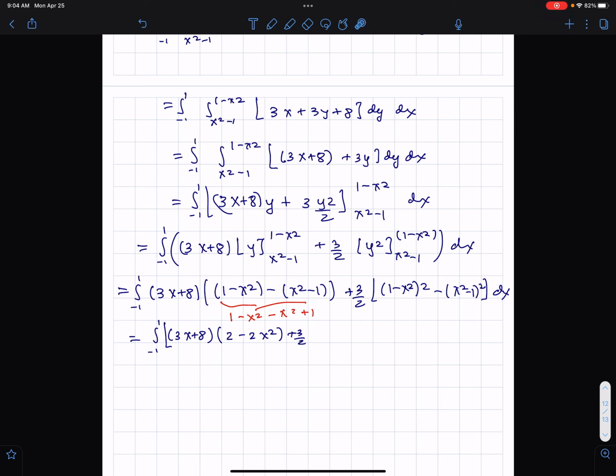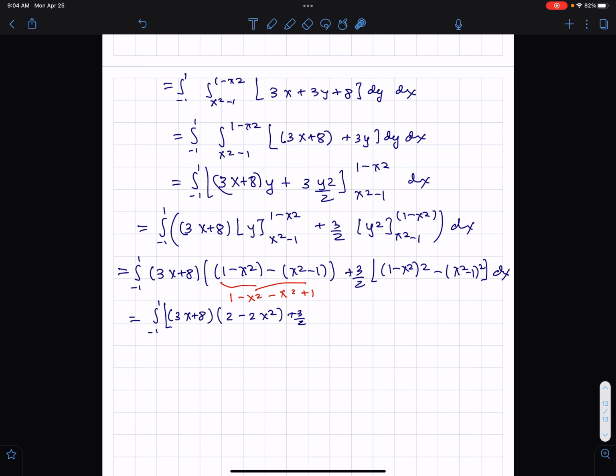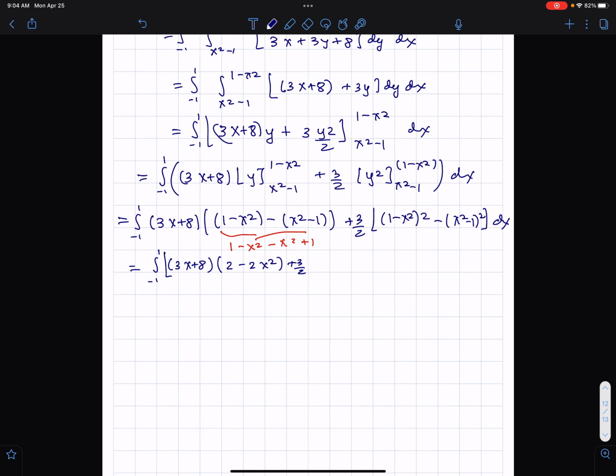All right, then, I want to point something out here, which is that 1 minus x squared squared is the same thing as x squared minus 1 squared. So that's going to be 0. So let's just do a little aside. If you have a minus b and you square it, that's the same thing as b minus a squared.